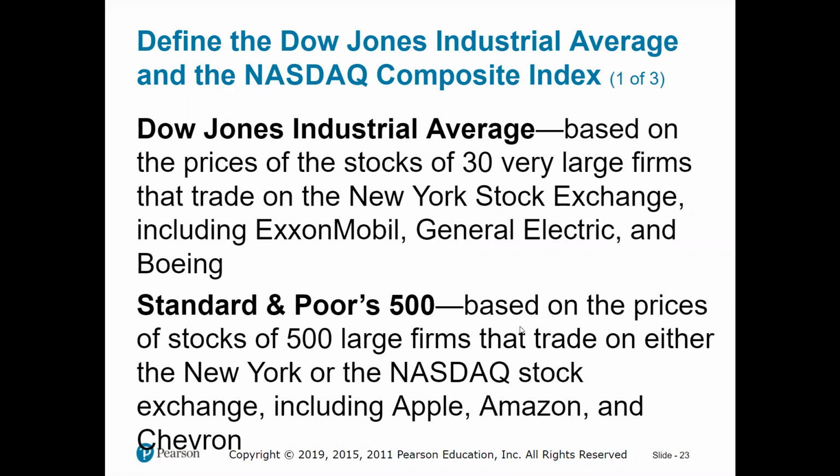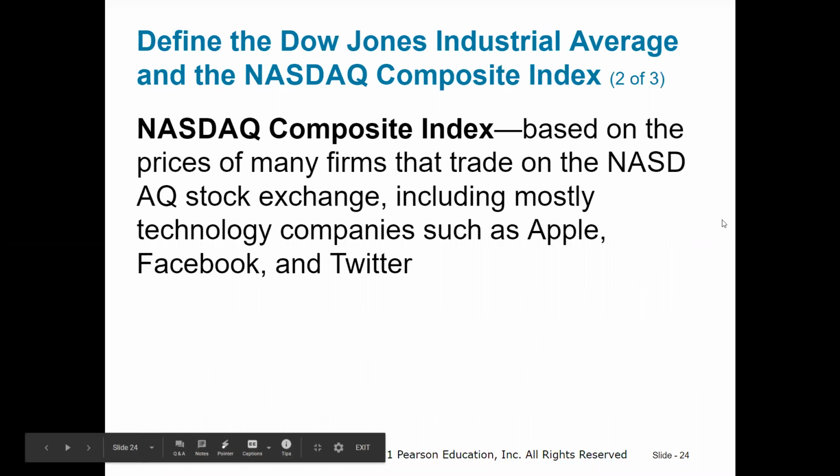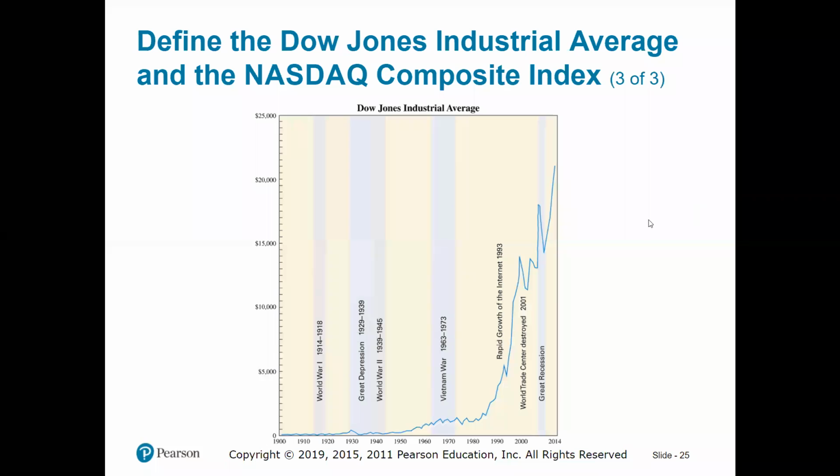Standard & Poor's 500 is based on the prices of stocks of 500 large firms that trade on either the New York or the NASDAQ Stock Exchange, including Apple, Amazon, and Chevron. The NASDAQ Composite Index is based on the prices of many firms that trade on the NASDAQ Stock Exchange, mostly technology companies such as Apple, Facebook, and Twitter. Okay, so they have a diagram there for you.